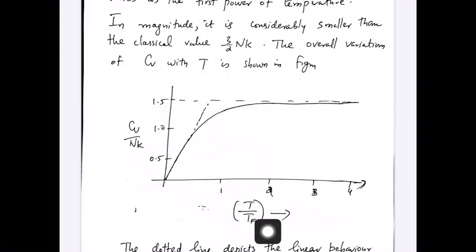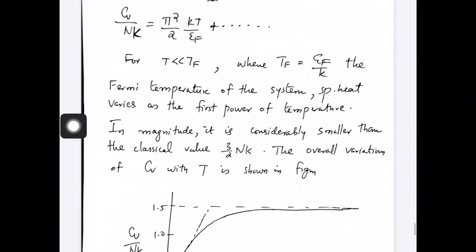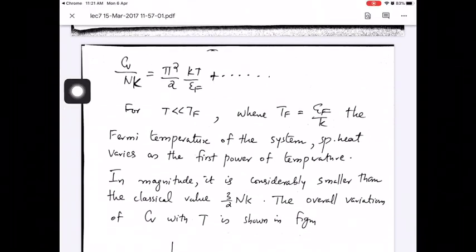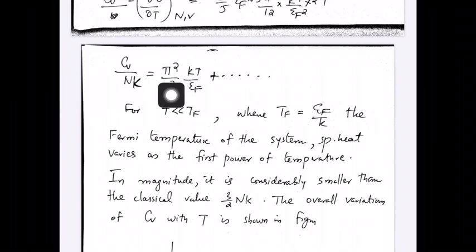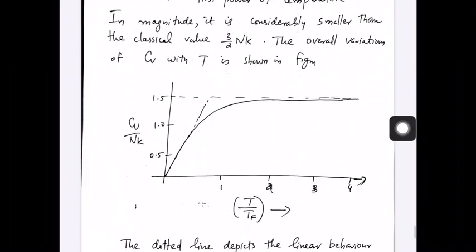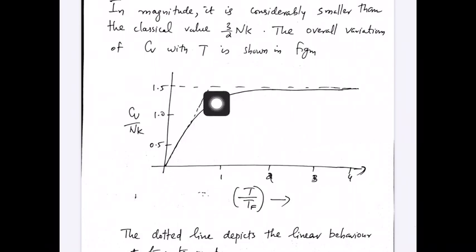For temperature less than Tf, that is T by Tf less than 1, in this region CV by Nk is proportional to the temperature if we are considering only the first term, because if T is much less than Tf, T by Tf itself will be very small. So the remaining terms will be very small and can be neglected. So CV by Nk is proportional to T, and it will be almost a straight line.